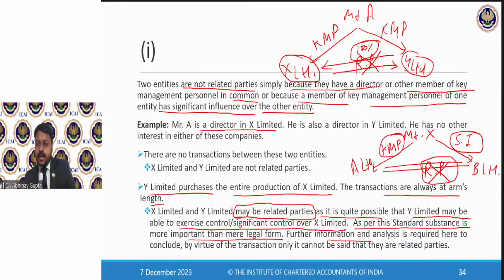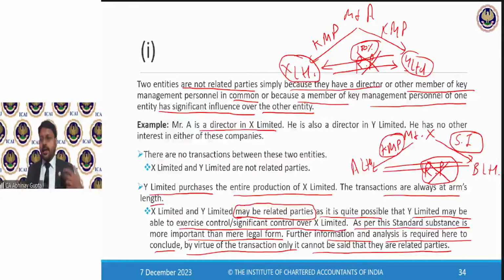Further information and analysis is required here to conclude. By virtue of the transaction only, it cannot be said that they are related parties. Although the standard does not explicitly say that if any company is doing a significant transaction as a purchaser, customer or supplier for another entity, then it will be regarded as a related party, we need to further investigate the facts and circumstances of the case.